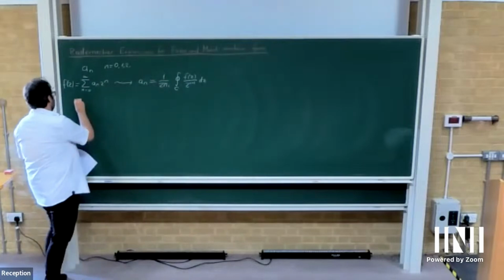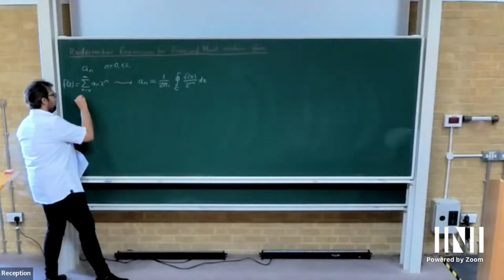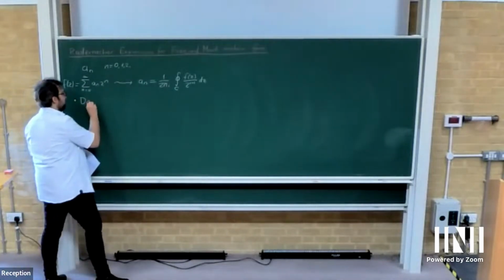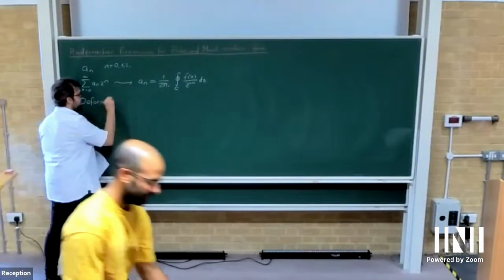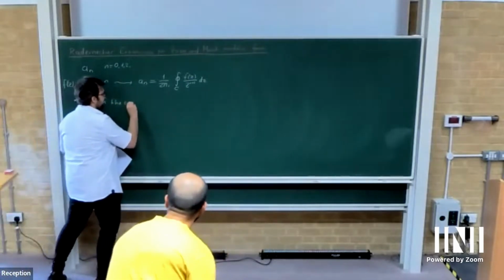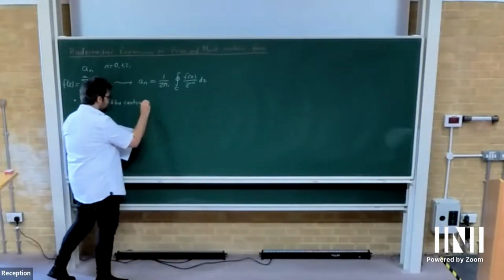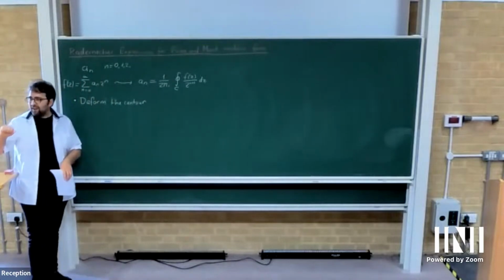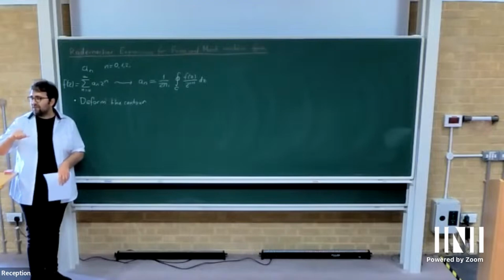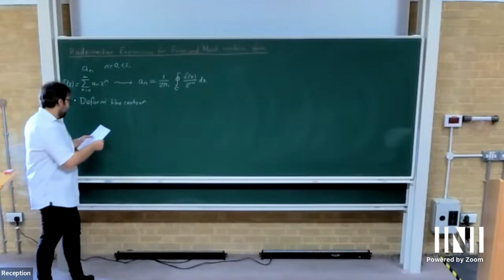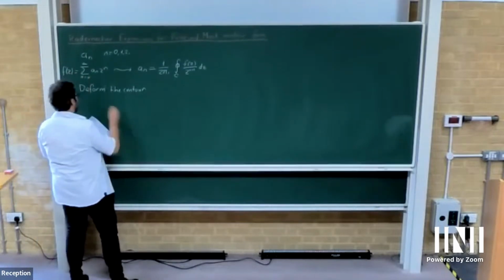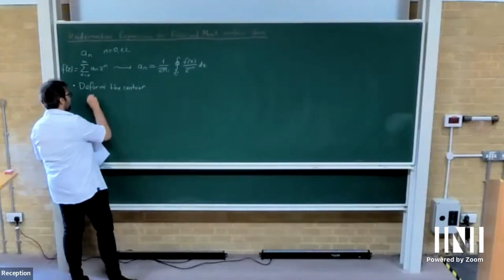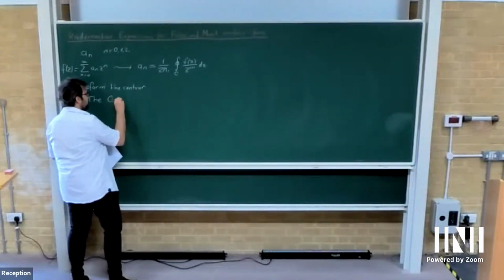Now, one thing you can do, of course, this is a holomorphic function, so you can deform the contour. And the idea here is to deform the contour in a way to sample the most dominant parts of f of z. This is, of course, a crucial tool in analytic number theory, going under the name circle method.